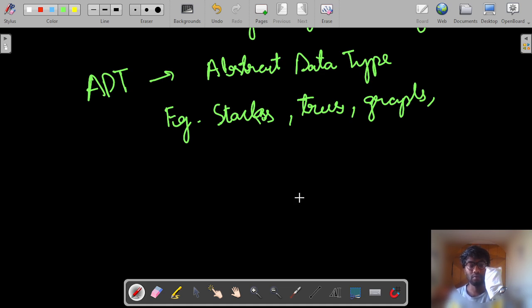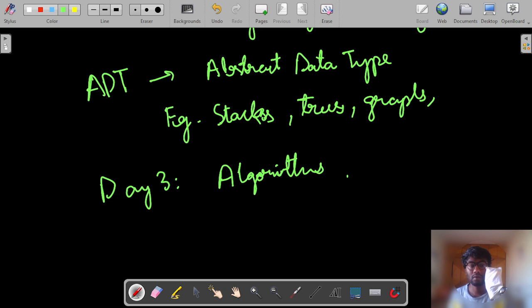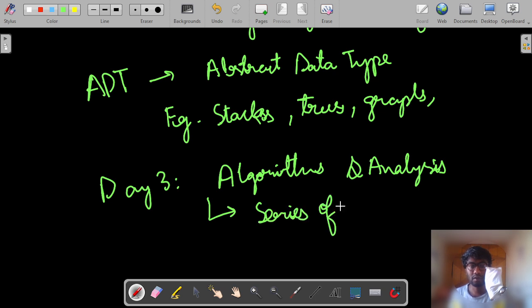And the next thing was in day 3, we came across algorithms and analysis. An algorithm is nothing but a series of steps that we take to perform a specific task.